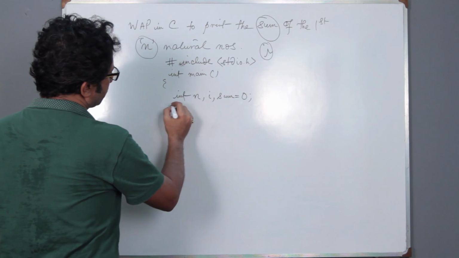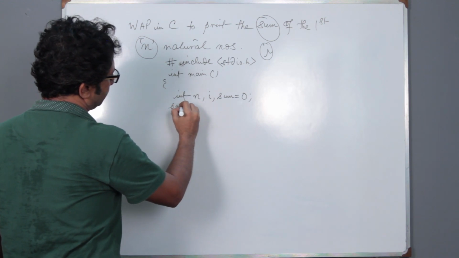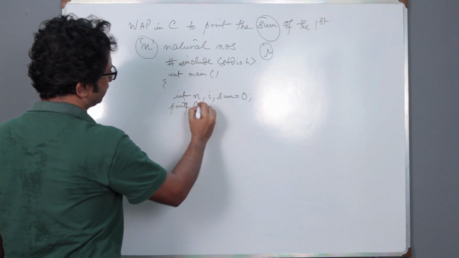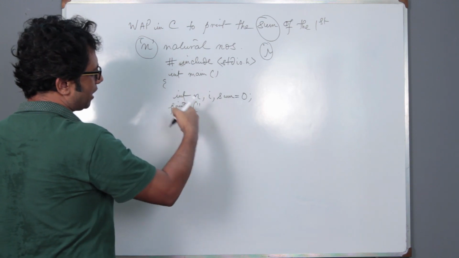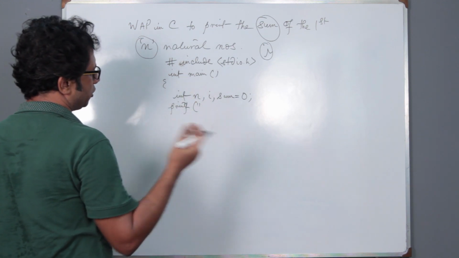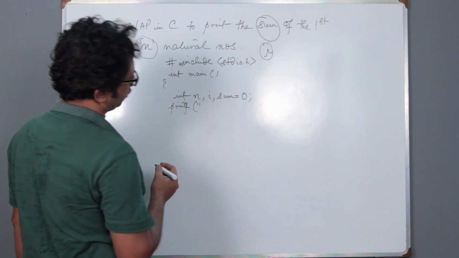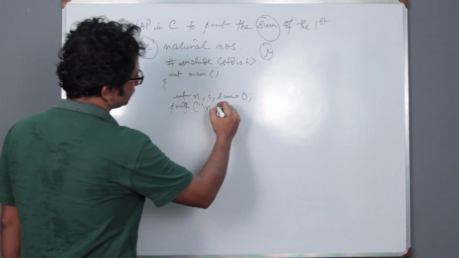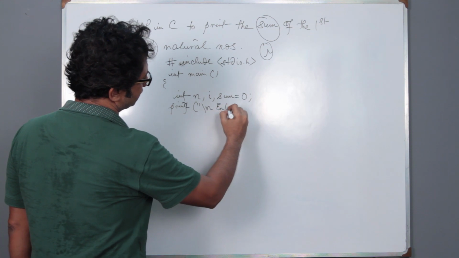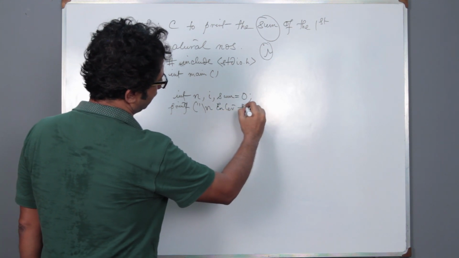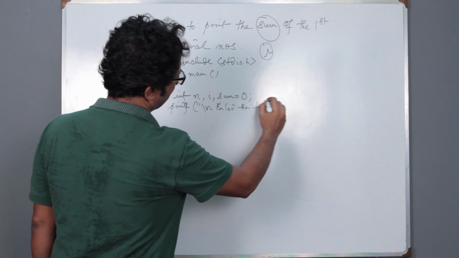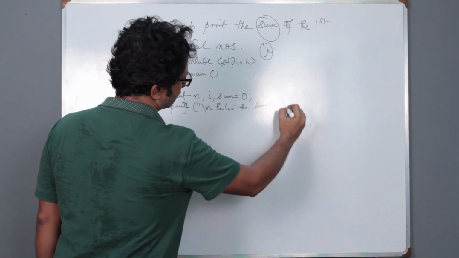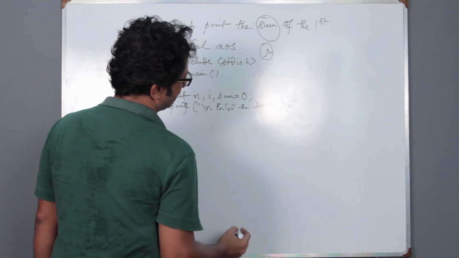So now we will prompt the user to enter the value of this n, how many natural numbers he or she wants the program to find the sum of, and then we'll write printf "Enter the limit".